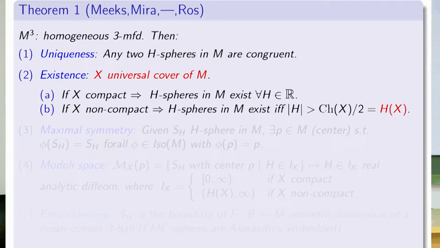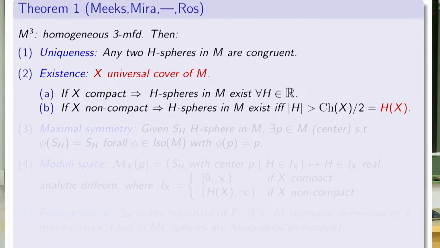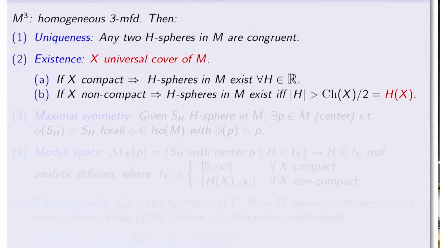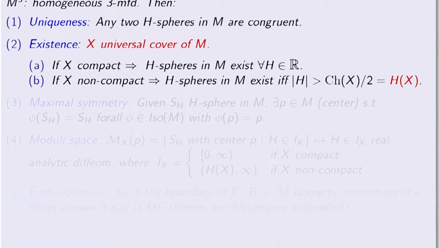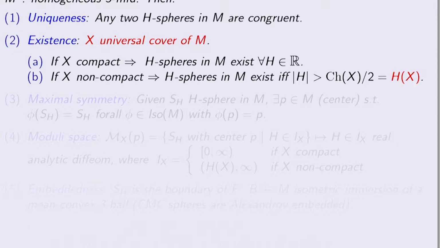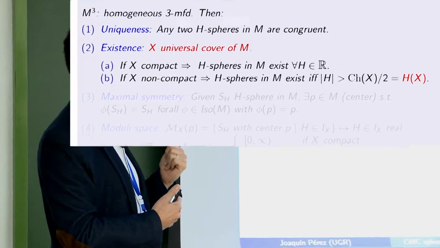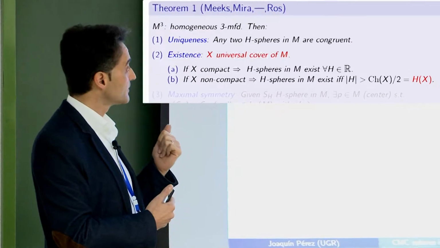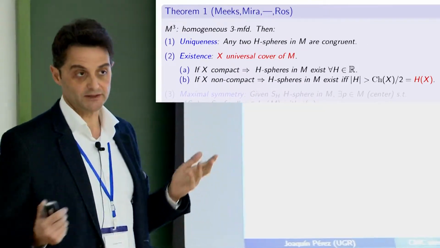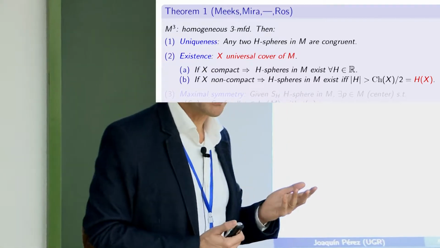Existence. In order to answer for which values of H you have spheres of that value of the constant mean curvature, I have to go to the universal cover of M, the ambient space, that I call X, okay? Which is with a pull-back metric, again homogeneous, and of course simply connected. Then if this X is compact, then spheres of constant mean curvature in M exist for every value of the mean curvature.